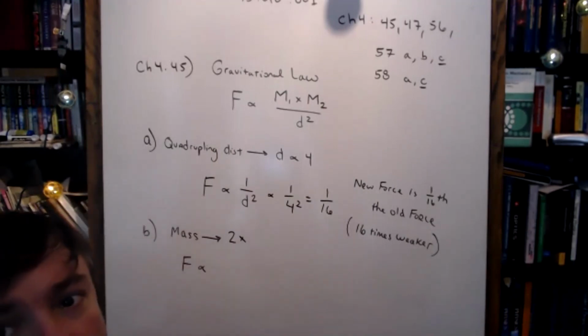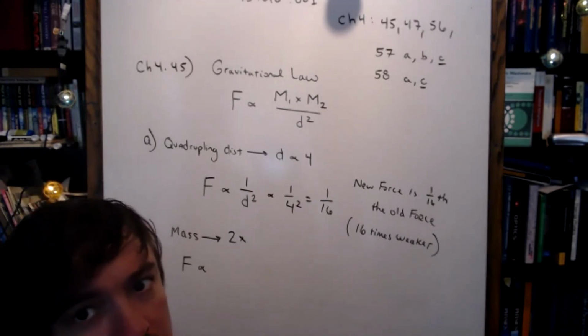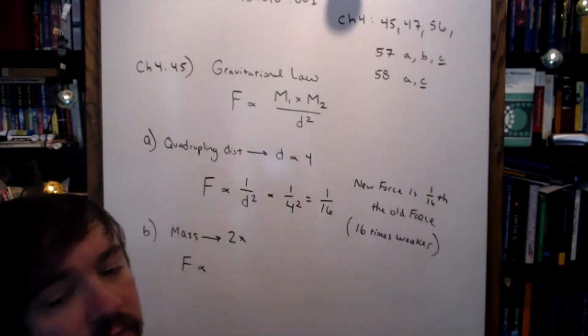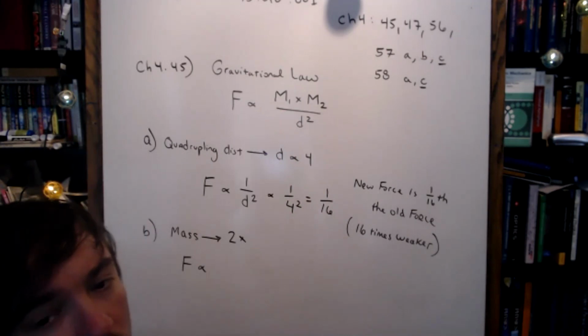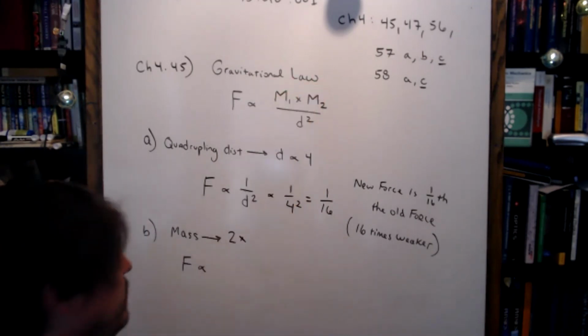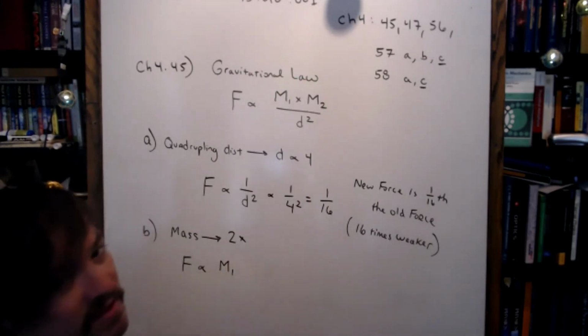Rory? Is it to both masses or is it only one of the masses? Just to one of the masses. So could you write like 2m1 or 2 times? First you would neglect the things that aren't varying, and you would write force is proportional to one of the masses, right?